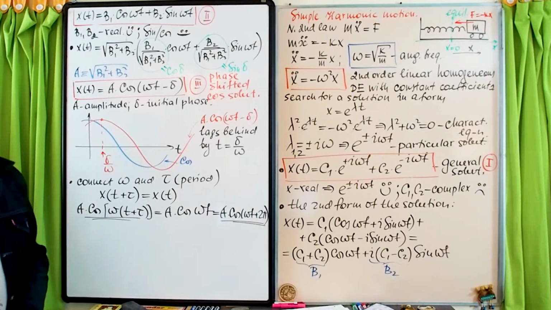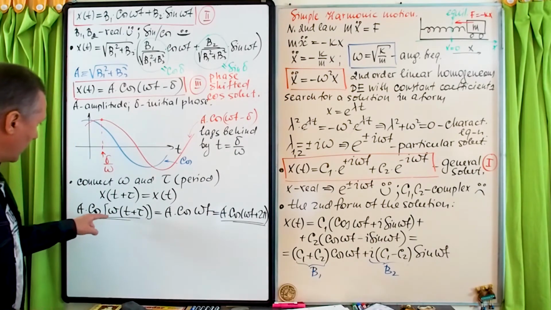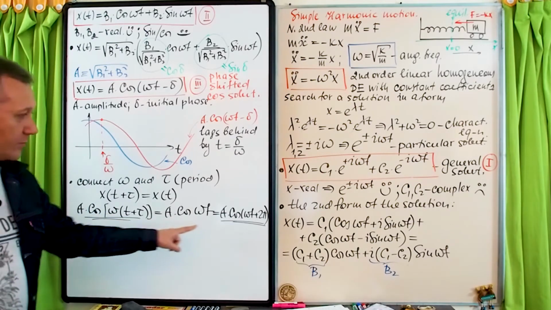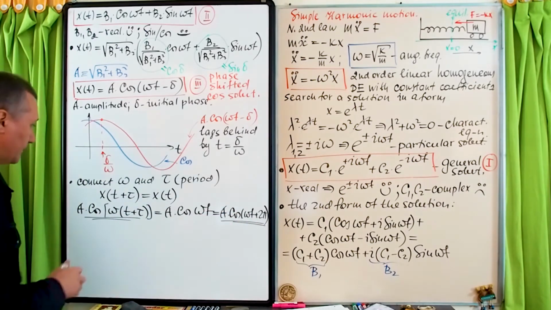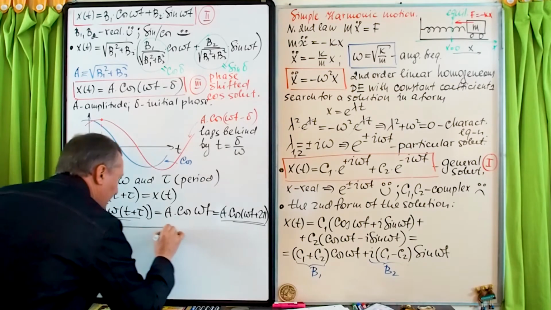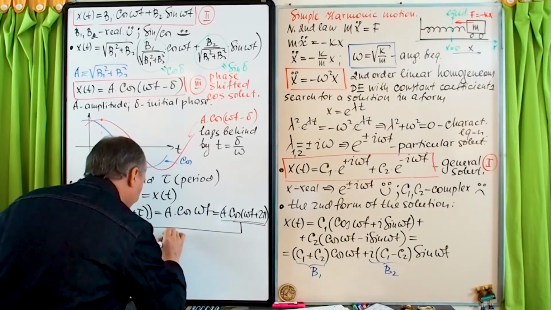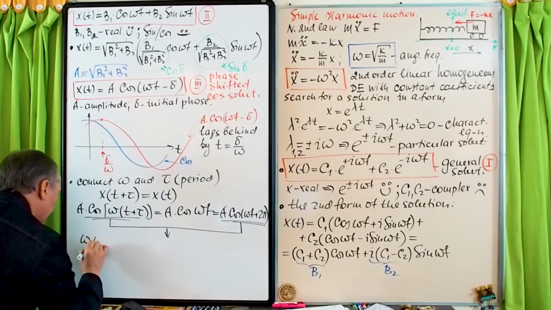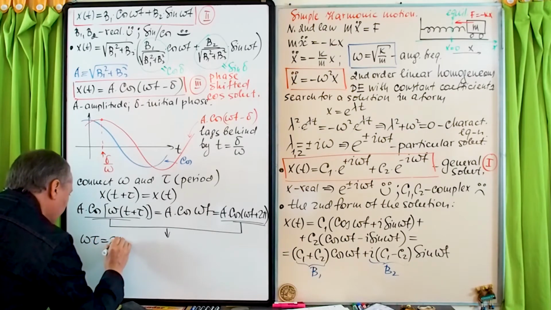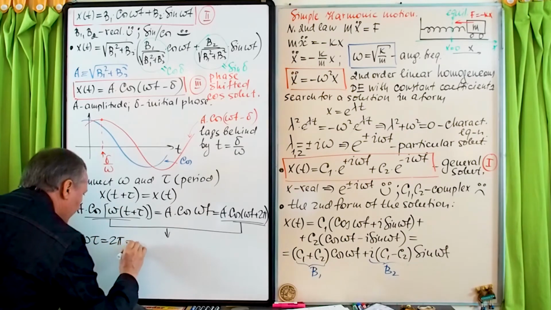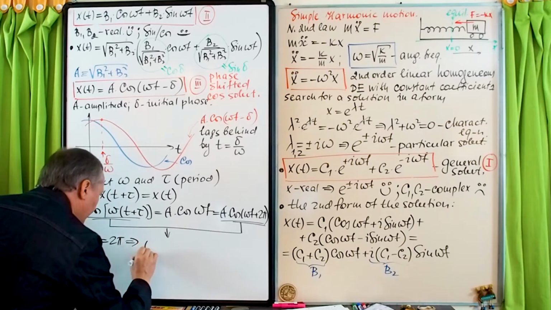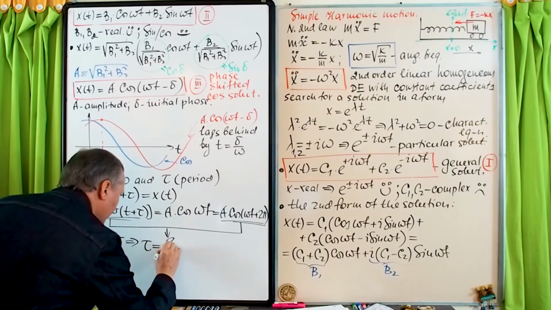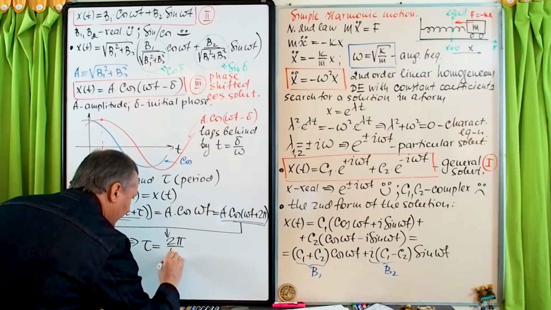So in order for this to be correct, omega times tau must be equal to 2 pi. So omega tau equals 2 pi. As a result, I can write that the period equals 2 pi divided by omega.